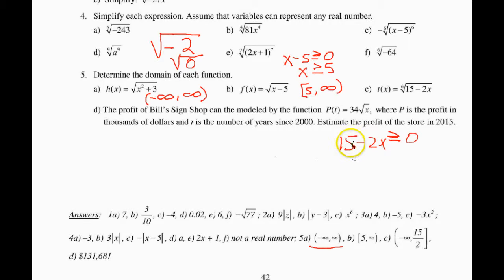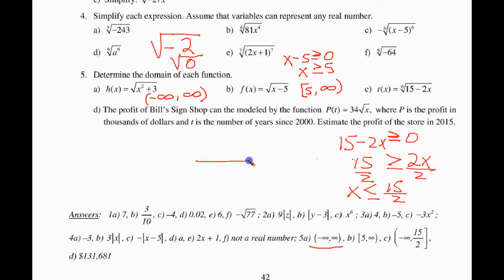But we have to see specifically where it's going to start. So the first thing I would do, I would transpose my negative 2x to the other side, and I get 15. Divide both sides by 2, and then I'm going to write it this way. X is less than or equal to 15 halves.